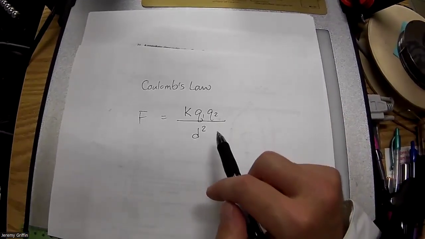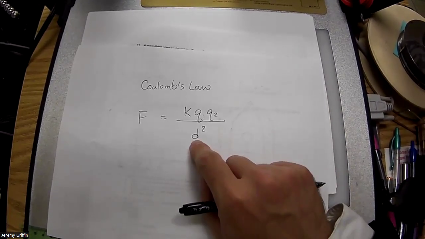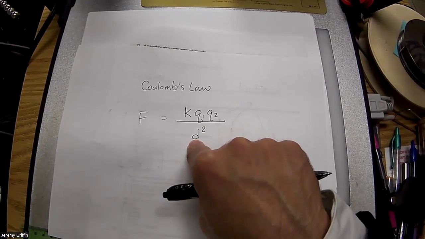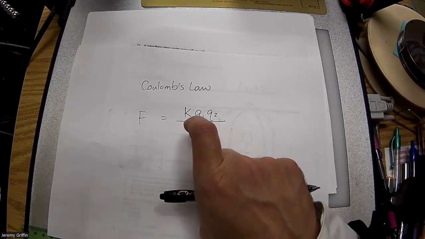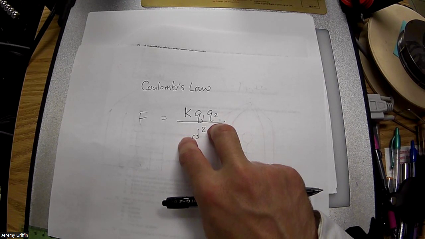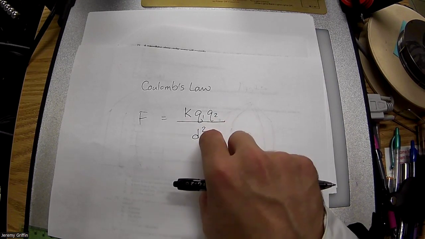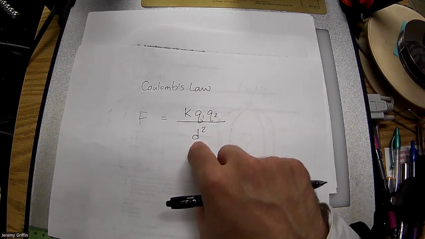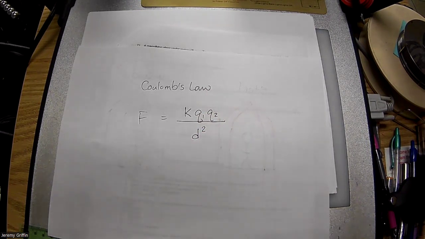So we're looking at proportional changes. If you double the distance between these 2 charged particles, what's a factor of 2 squared? Is that 4? And since this is a denominator, it's 1 over that, right? So guys, double the distance is what fraction of the force? 1 over 4, right?